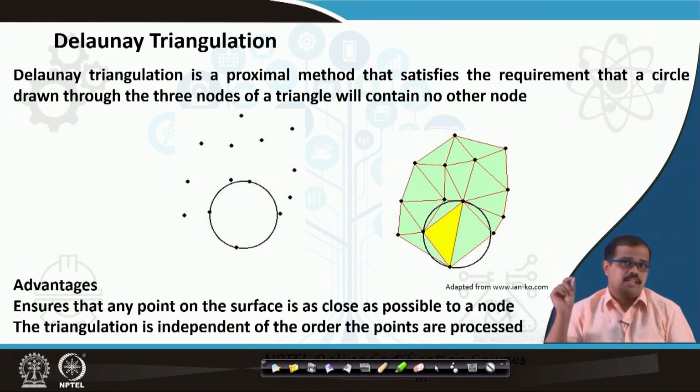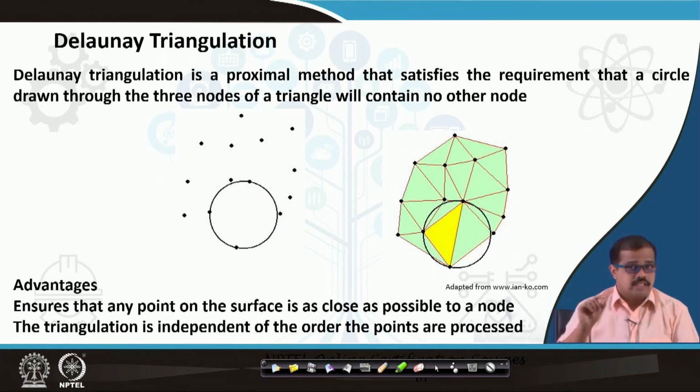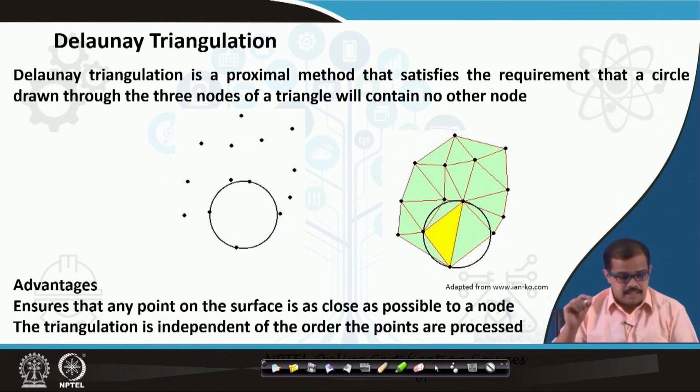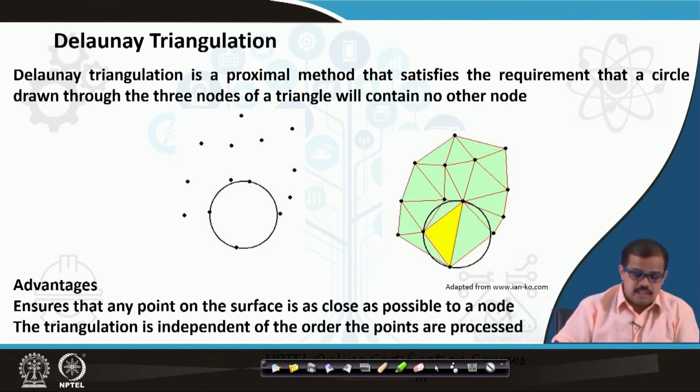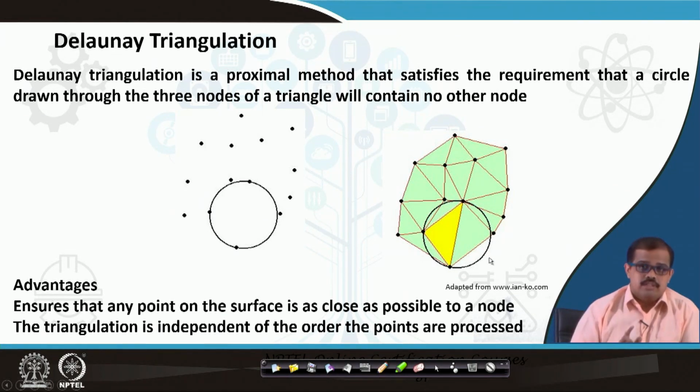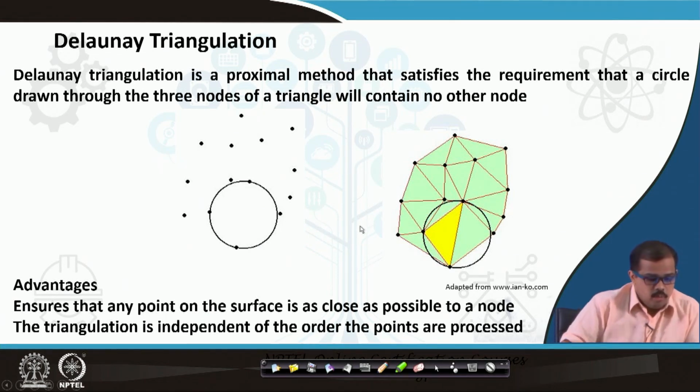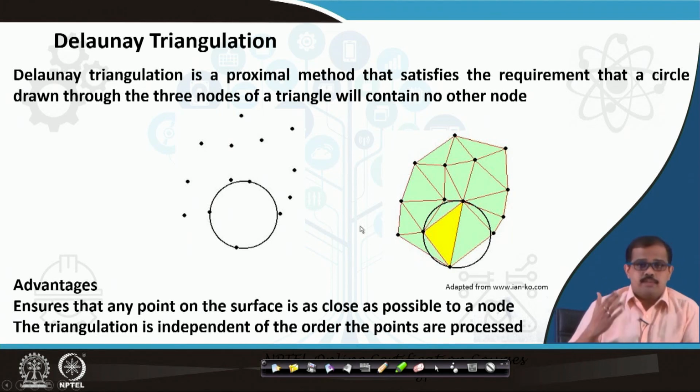Once you have drawn the triangle, as I have spoken about in distance ordering, the circle should be drawn through the 3 nodes of the triangle and contain no other node. It has to satisfy this. For example, if I have connected these 3 nodes, when you draw a circle, it should not cover any other node. This is one of the very efficient methods available for the TIN model, and it has several advantages.